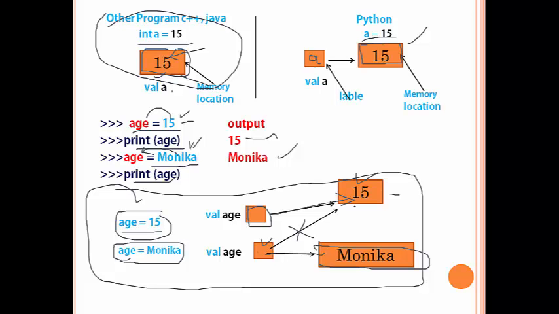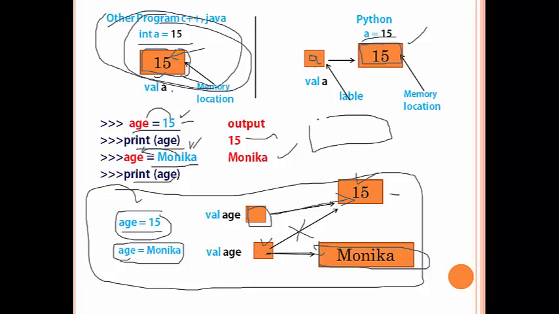This is how it is possible to assign different data types to the same variable: the variable is not a memory location unlike in other programs, it's only a label.